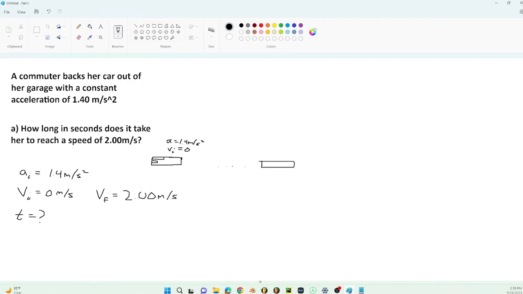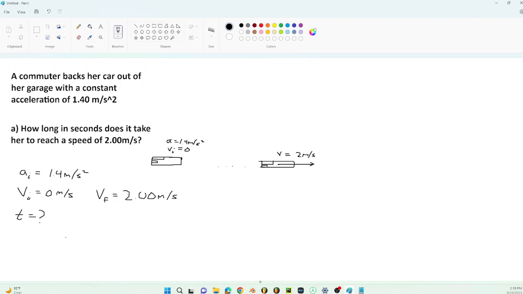The car, window, car, right there. After some amount of time, we reach this final state where v is equal to 2 meters per second. The acceleration is possibly still the same. I'll put a question mark next to this. I must say right now, it really doesn't matter. So I'm going to remove this.